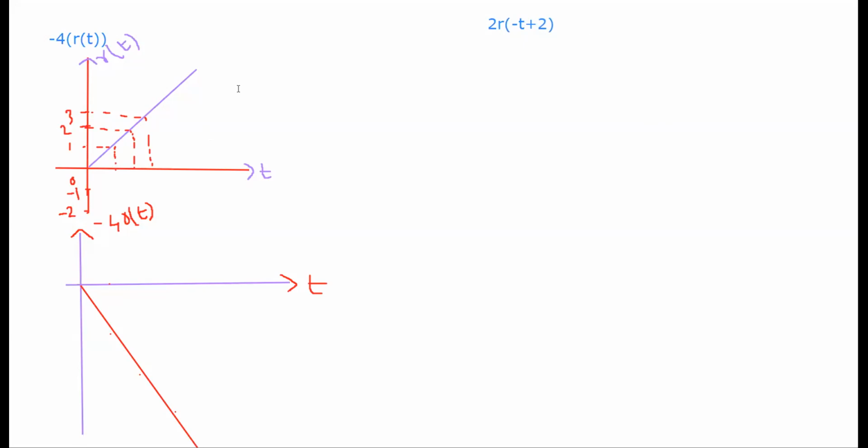What are the operations involved here? See here, three operations are involved. One is time shifting, the second one is time reversal, and the third one is amplitude scaling. Two time operations and one amplitude operation. So in total, these are three operations.